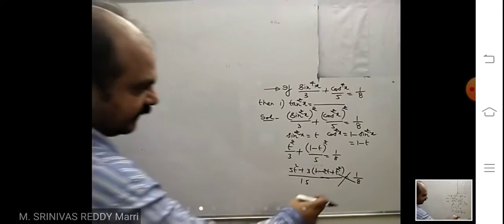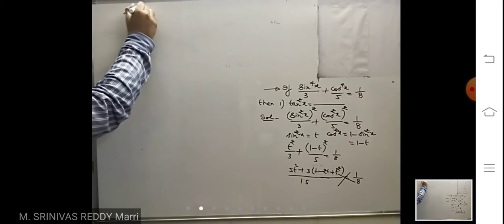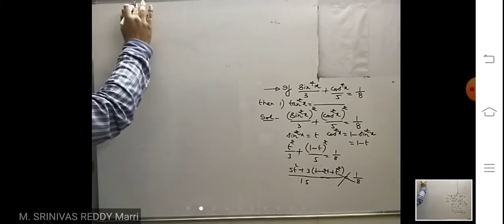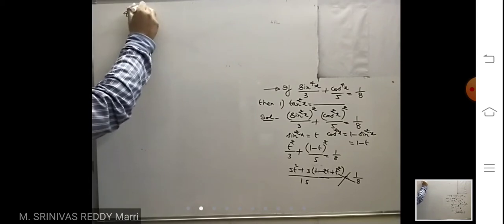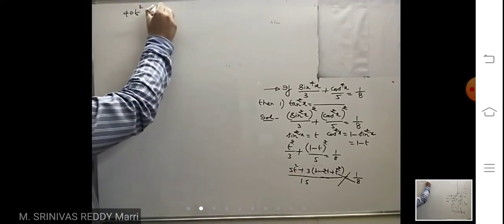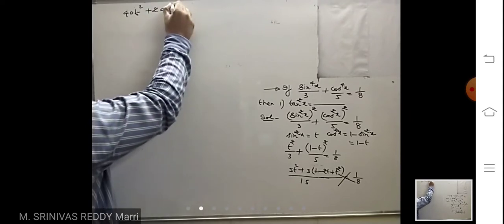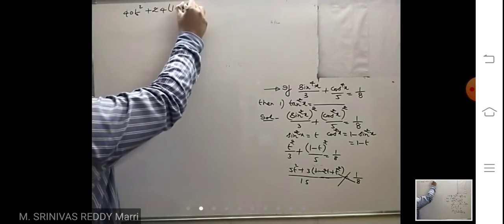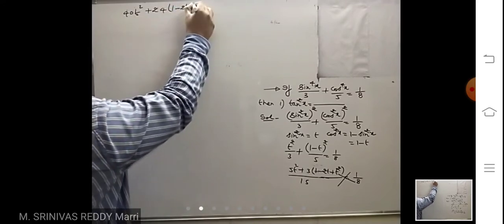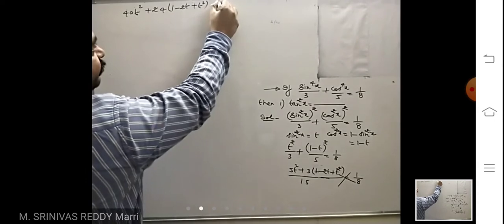So if you cross multiply, 8 into 5t square is 40t square, plus 24 into 1 minus 2t plus t square, equal to 15.